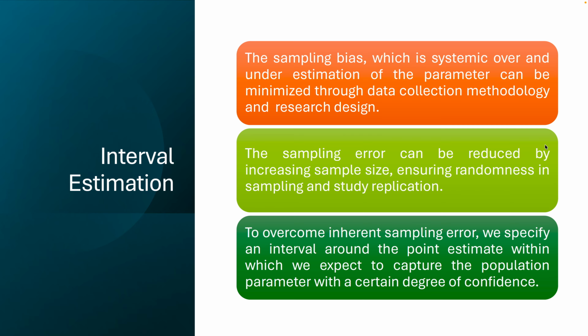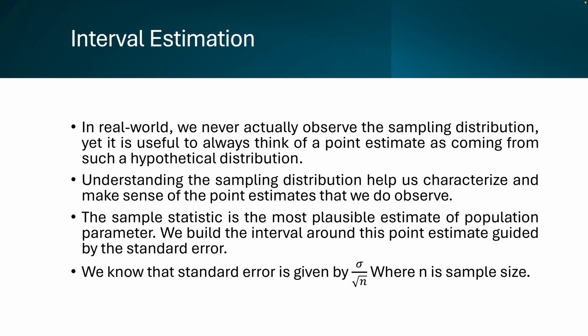Before that, we revisit the premises or the underpinning theory of the central limit theorem. We know that in the real world, we never actually observe the sampling distribution. Yet it is useful to always think of a point estimate as coming from such a hypothetical distribution, because the sampling distribution is always a normal distribution if the sample size is sufficiently large.